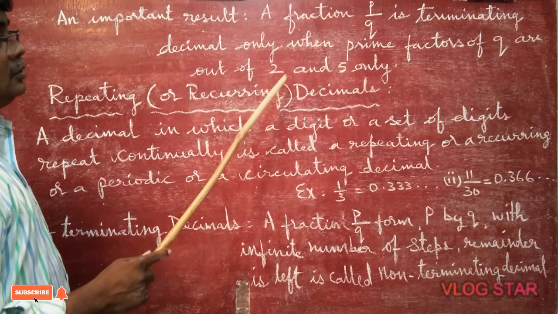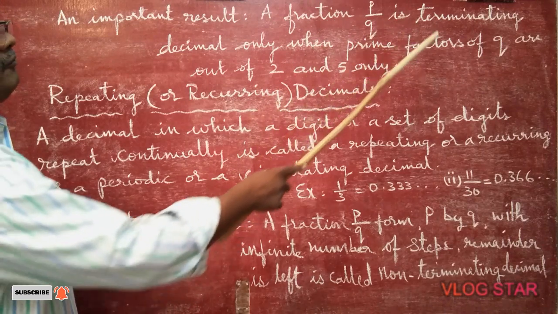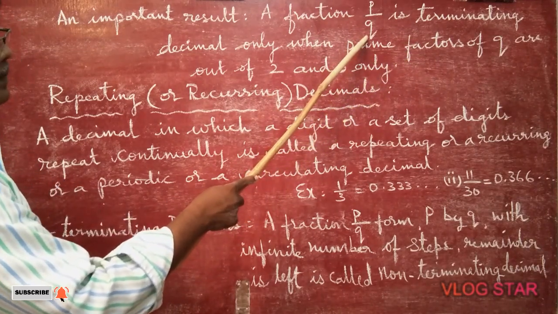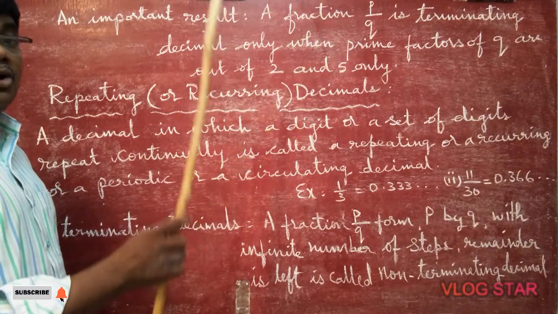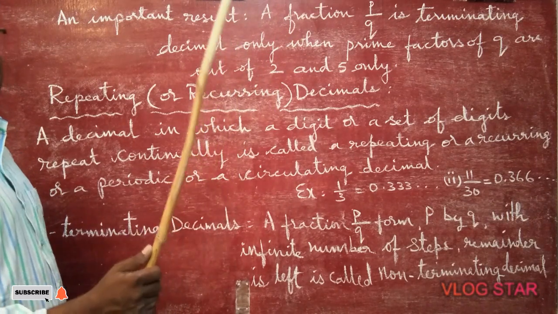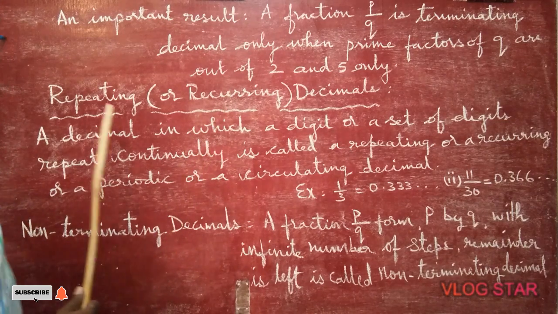So many are there. Only 2 and 5 should be there when we find prime factors of the denominator. That decides whether it is terminating or non-terminating. Terminating means finite number of steps. Non-terminating means infinite number of steps.